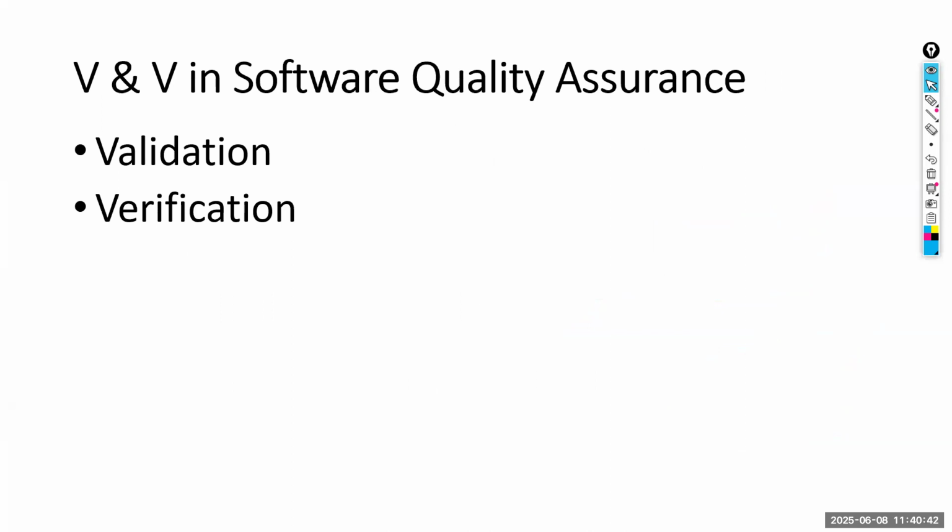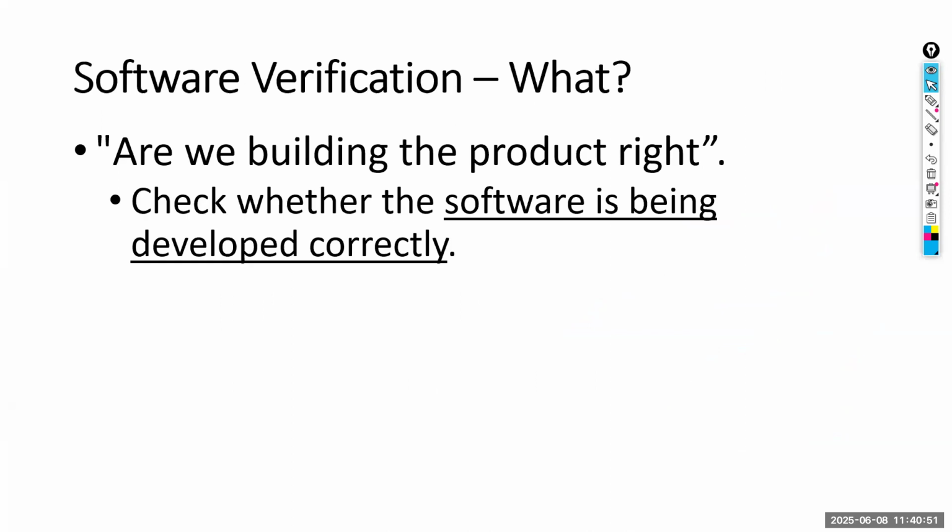Right. So when it comes to software quality assurance, there are two main tasks: verification and validation. Verification comes first, then comes validation. Validation is testing. Verification is something we do during development, to make sure that we come up with high quality software.